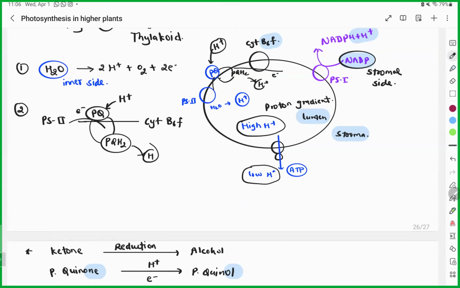Either you study well and get the first rank, or you distract other people so they don't study, and automatically you are the topper. Same thing here. Either you increase H positive concentration in the lumen, or you decrease H positive concentration in the stroma, so automatically the lumen will be high, correct?